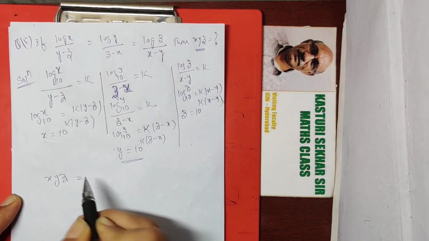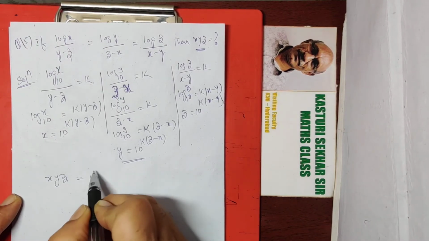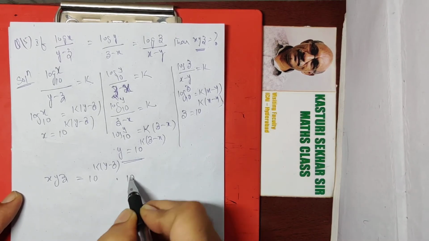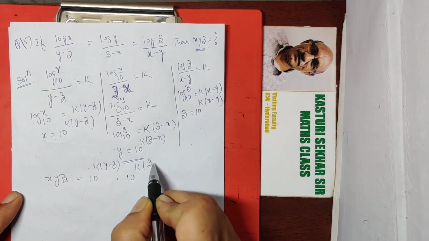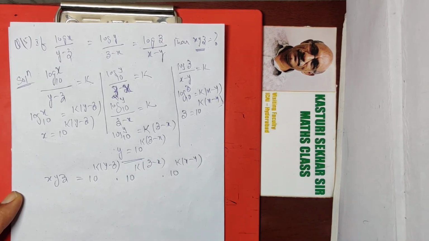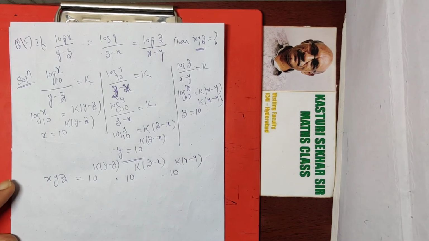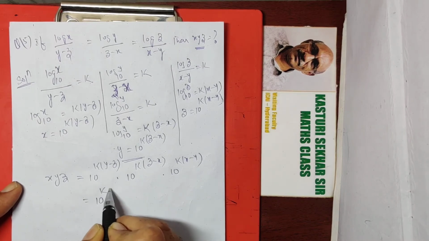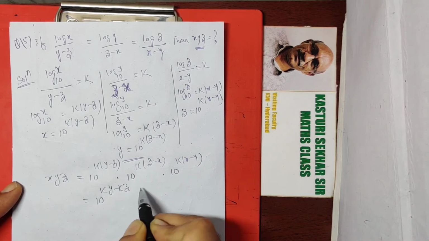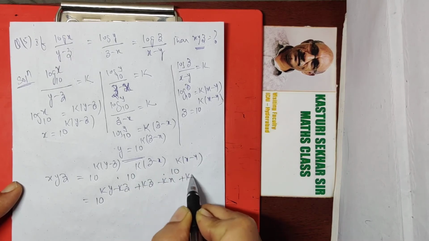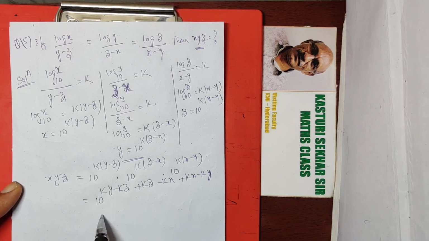Consider x, y, z. Multiply 10 to the power of k into y minus z, 10 to the power of k into z minus x, 10 to the power of k into x minus y. Now, bases are equal. There is a multiplication sign. Powers can be added. ky minus kz plus kz minus kx plus kx minus ky.